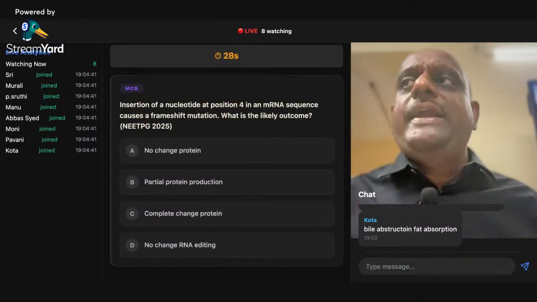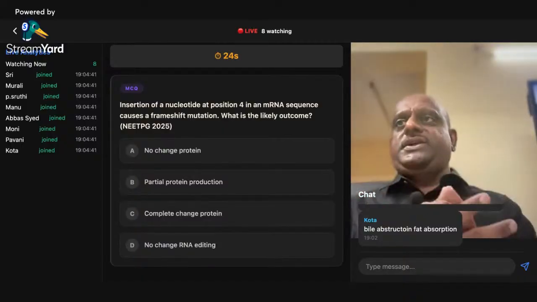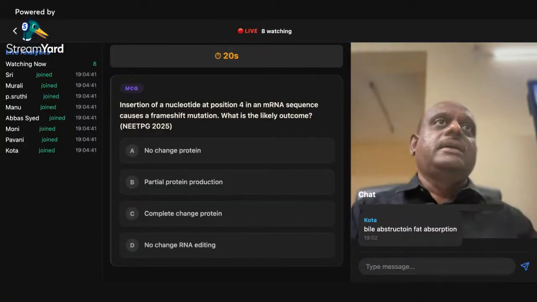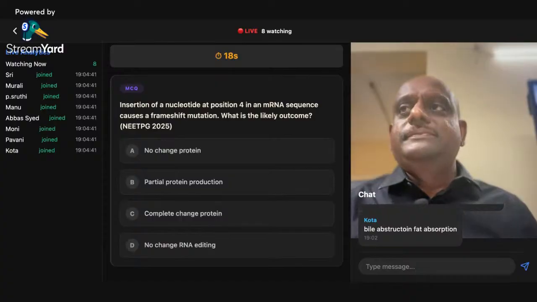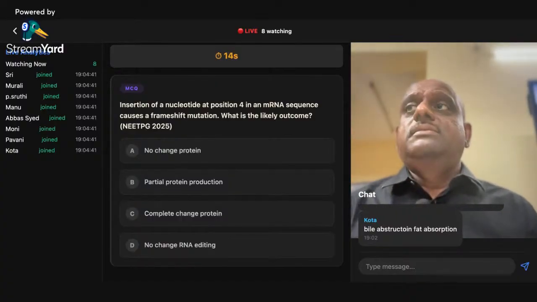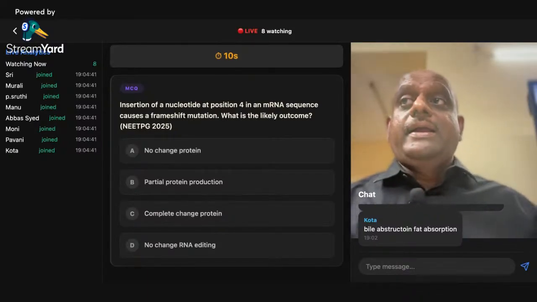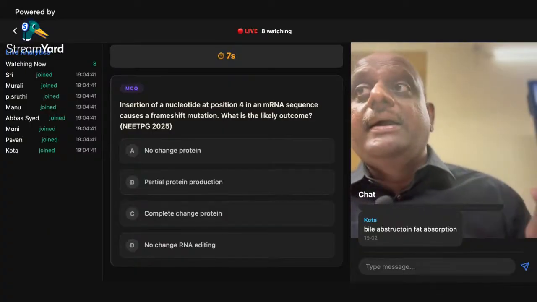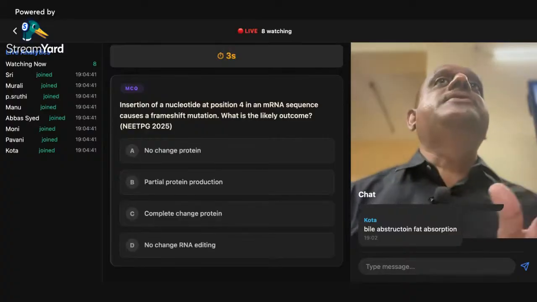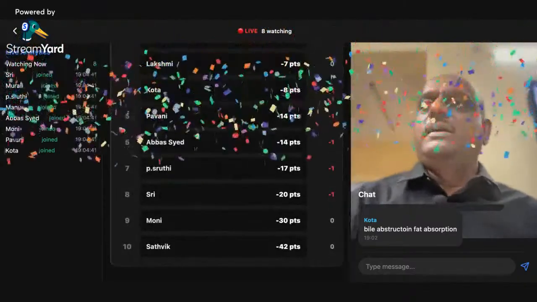Insertion of a nucleotide at position 4 in the mRNA sequence leads to a frameshift mutation. What is the likely outcome, doctor? Position 4 in frameshift will cause complete change in protein, or partial protein production effect? What exactly will a frameshift mutation do?